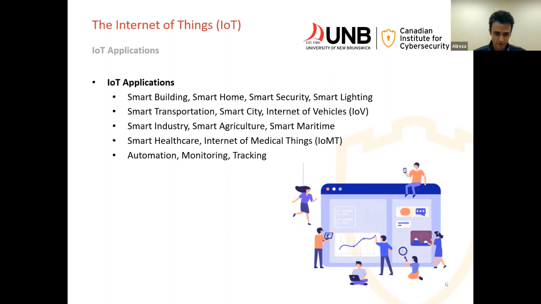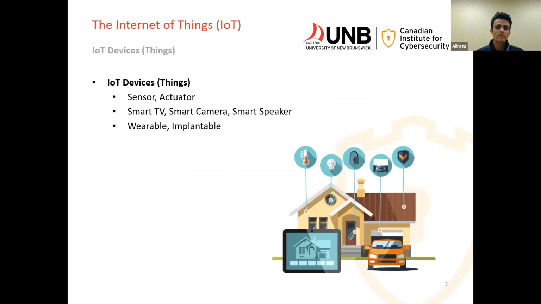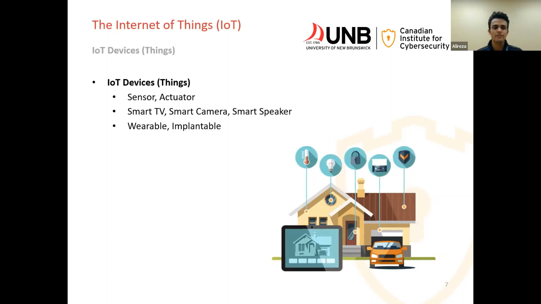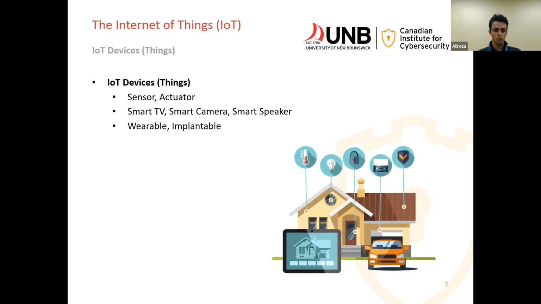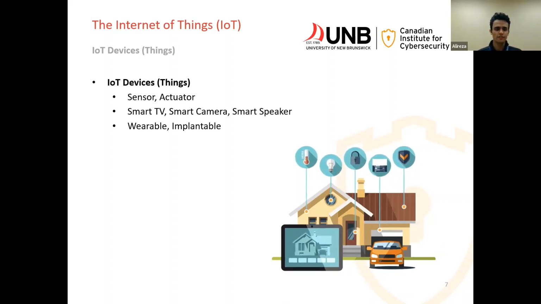Speaking of IoT devices or things, we have different kinds of sensors, such as motion sensors, humidity sensors, temperature sensors, tens of kinds of sensors. We have actuators like a small portable button, which you can configure to turn on the lights or turn off the TV or do lots of other things.